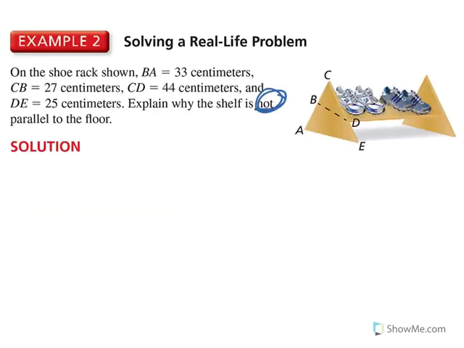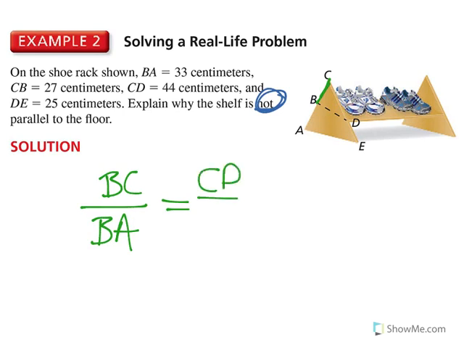So we're going to set up these proportions. I'm going to do the top part, BC, in comparison to the bottom, BA. And in order for them to be parallel, I would need them to be equal to the other side as well, the top CD over DE.